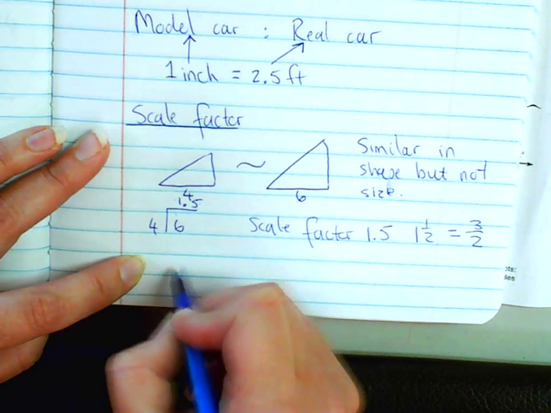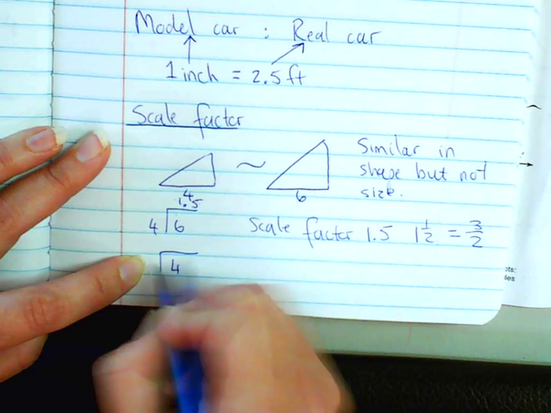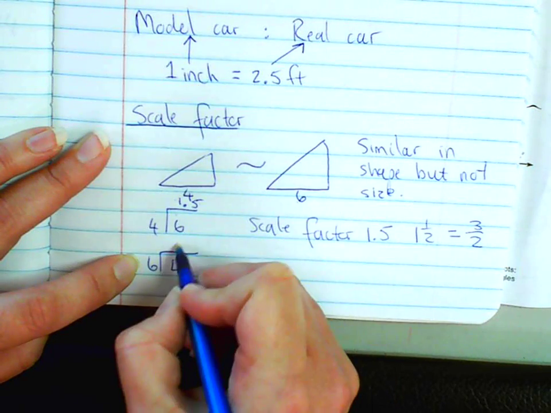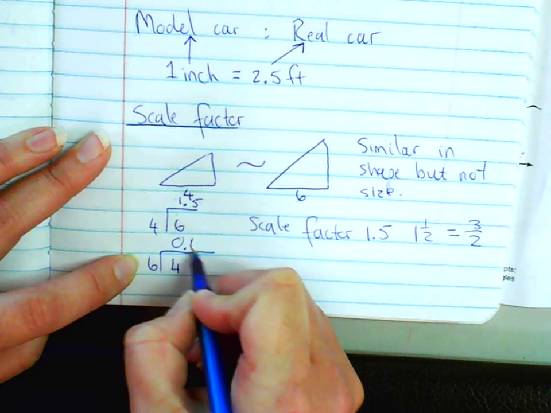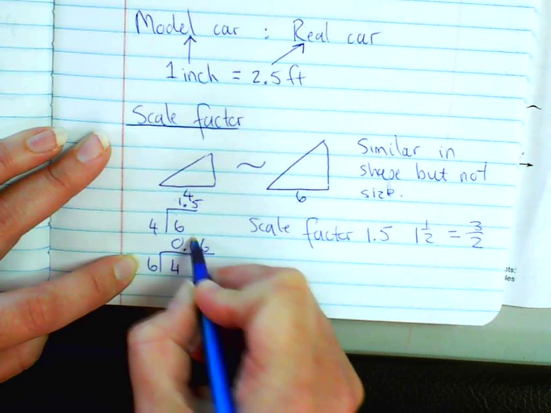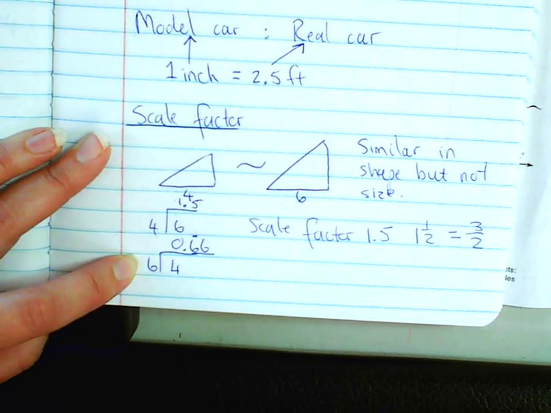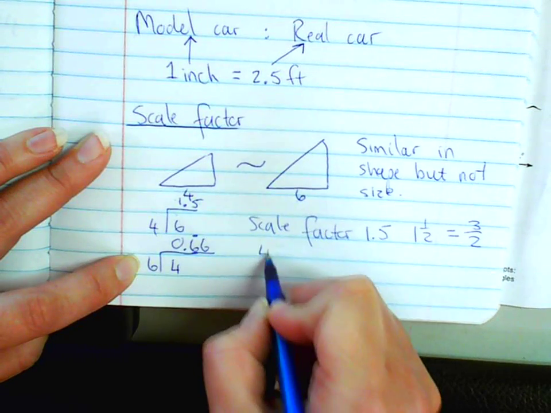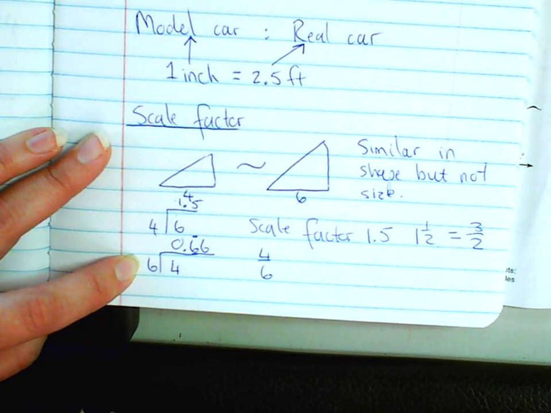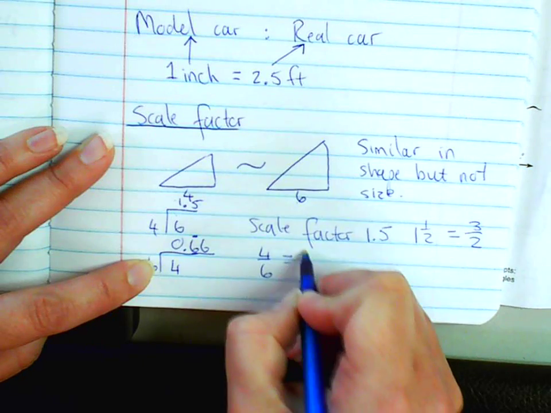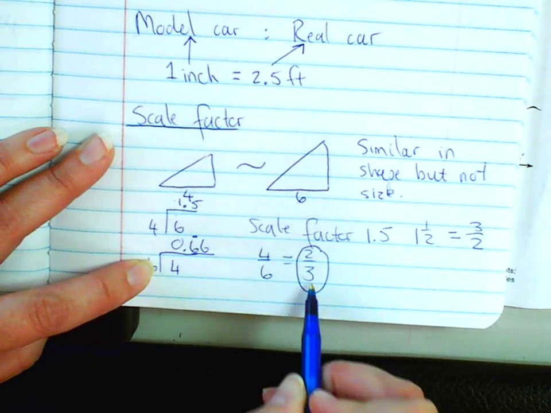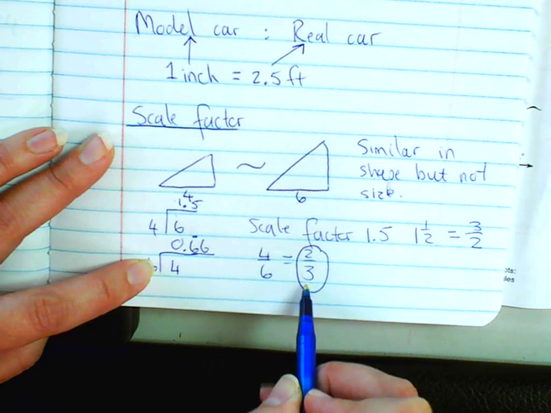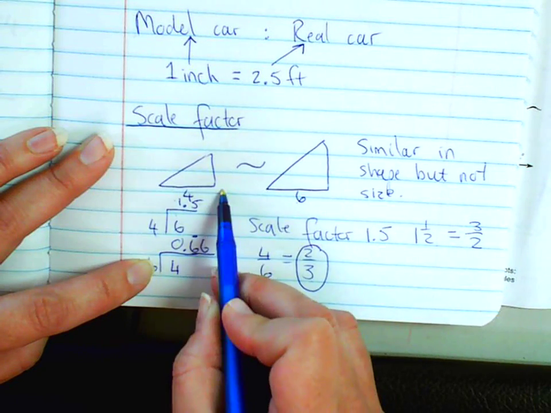Now it is 4 divided by 6, which is 0.66. Uh-oh, I don't like that. So what I'm going to do is keep 4/6 as a fraction, and I'm going to reduce it. This is the scale factor to go from 6 down to 4.